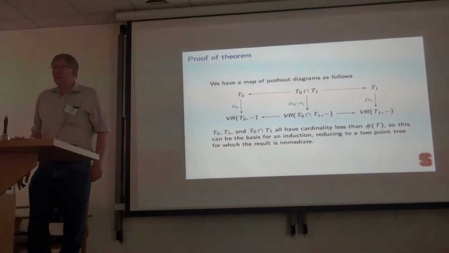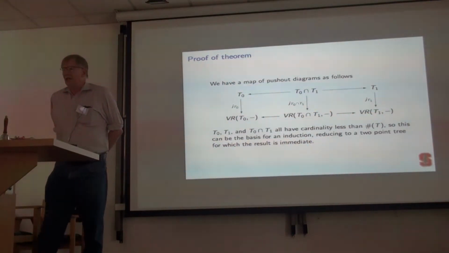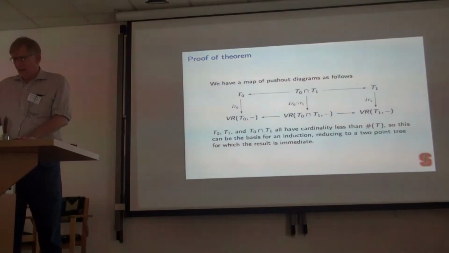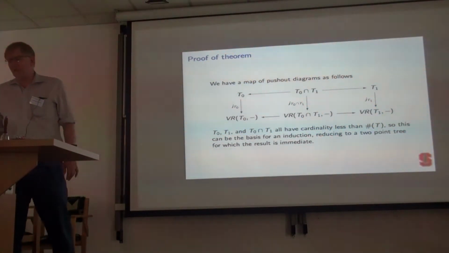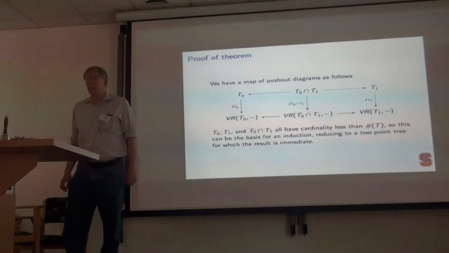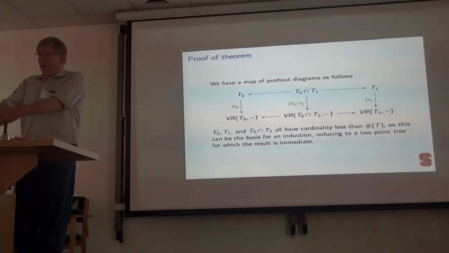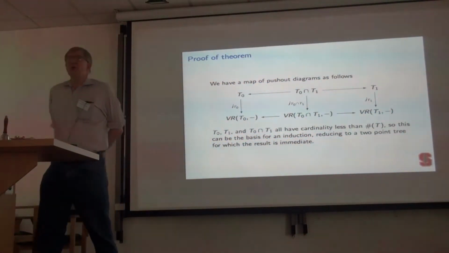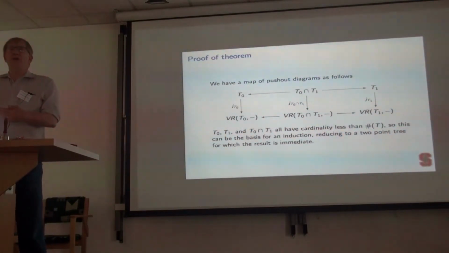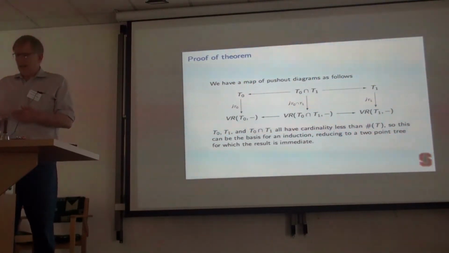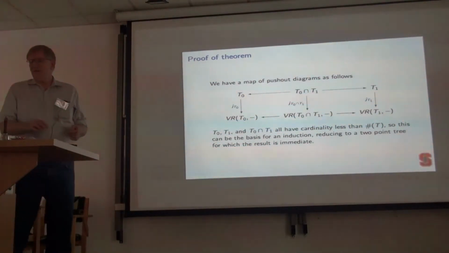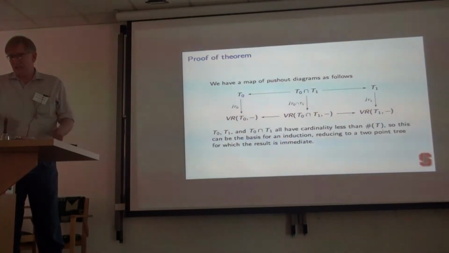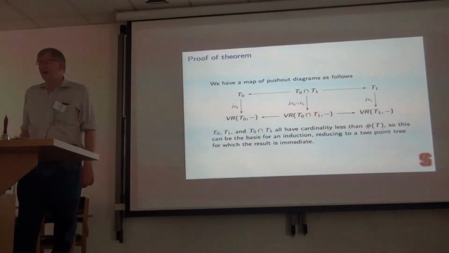So now we have a map of pushout diagrams that looks like this. I've got T0 intersected T1 mapping into T0 and T1, and I've got the same corresponding diagram for the Vietoris-Rips complexes here. Now the upper one here, if I create the pushout, is by definition a pushout. The lower row turns out to be a pushout also because of the theorem that I just proved. It said that Vietoris-Rips of T is homotopy equivalent, in a persistent sense, to the pushout of this diagram here.